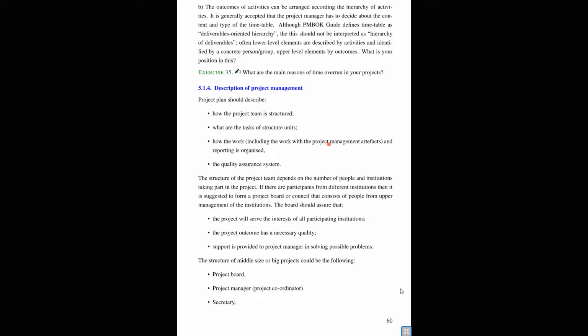So the board should also assure that the project manager is supported in solving possible problems.